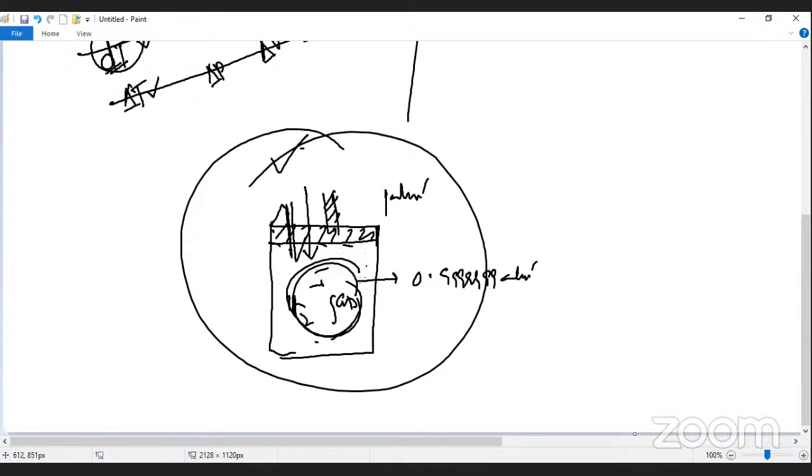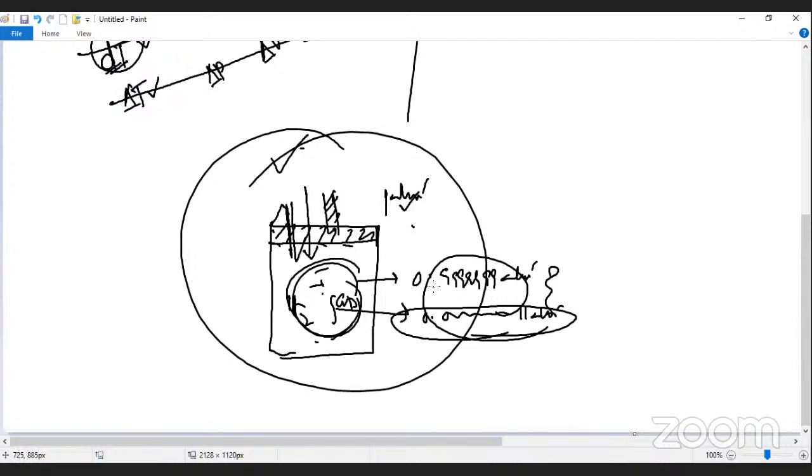Suppose I increase the pressure of the system somehow by just 0.00000011 atmosphere. Suppose I increase a very small value, then what will happen? The total value will little cross 1 atmosphere, right? The process will stop, sir.